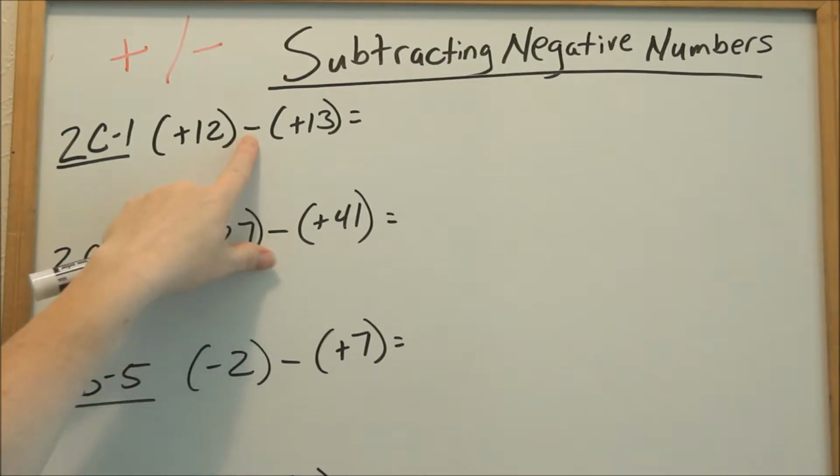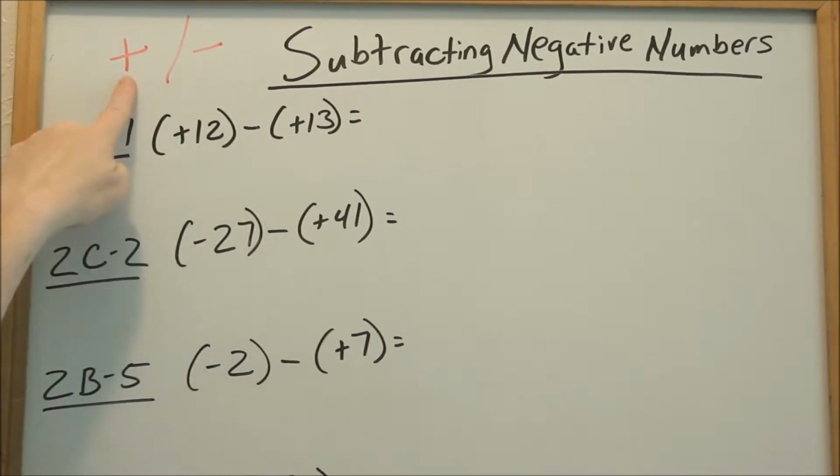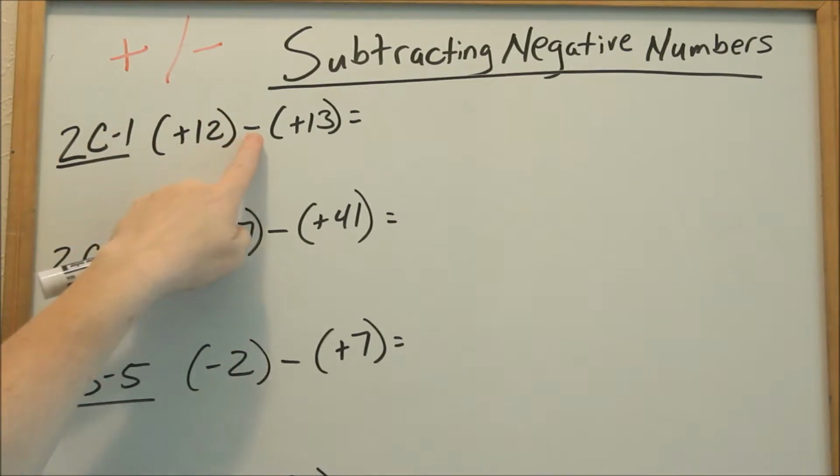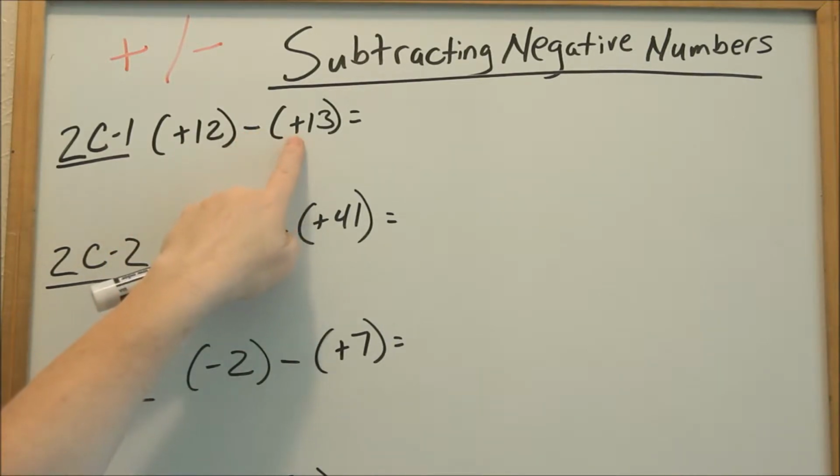A subtraction sign, which I want you to view as a negative, means do the opposite, because negative or owing money is the opposite of adding or having money. So this sign says make this the opposite.